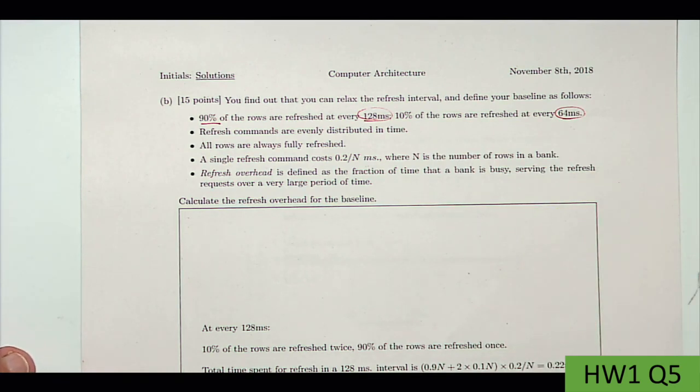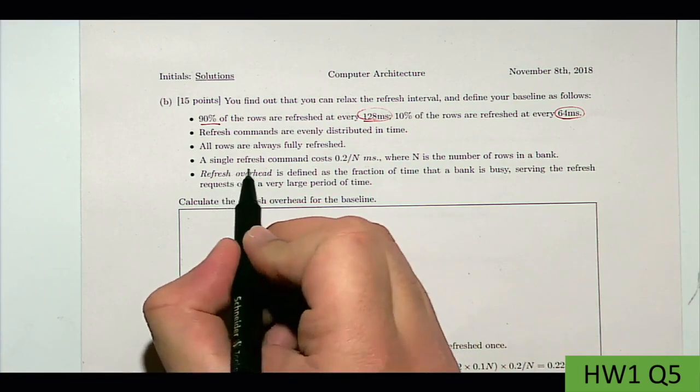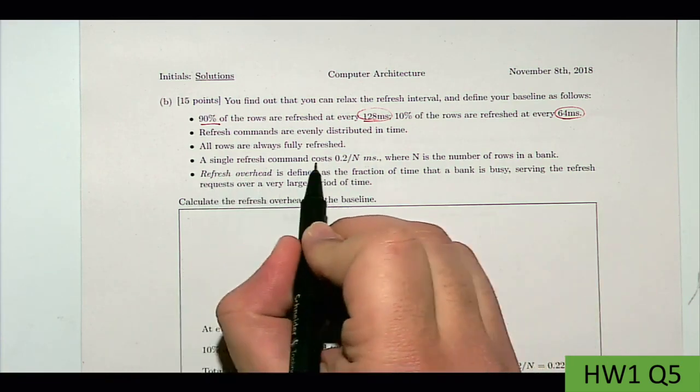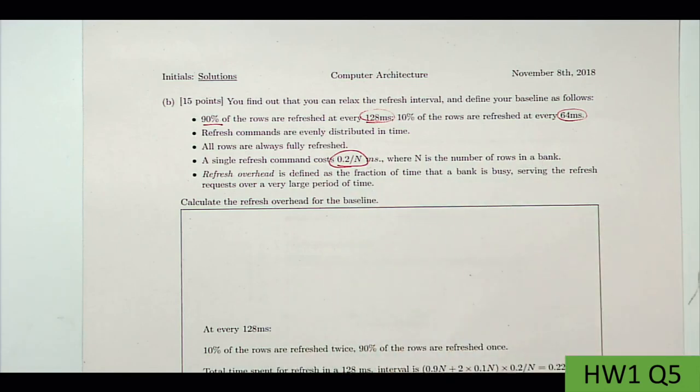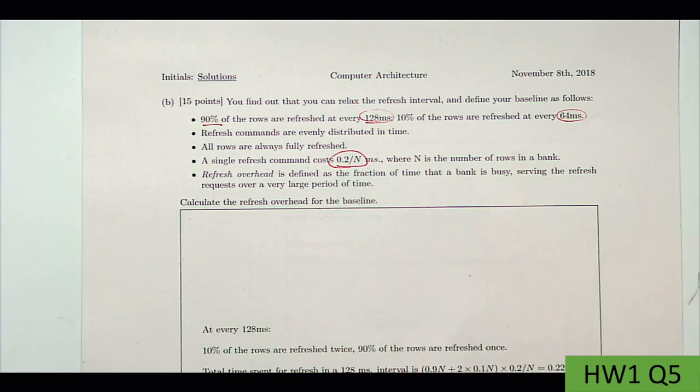So here we want to compute the refresh overhead of the baseline where we don't have any partial refreshes. So here I have the value for a single refresh command, which is this, where n is the number of rows in a bank. So refreshing the whole bank is going to take 0.2 milliseconds, right?